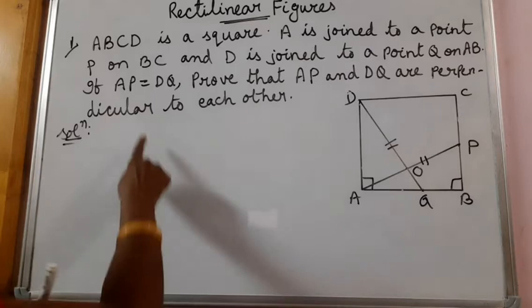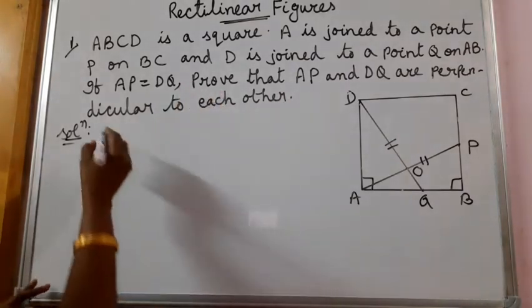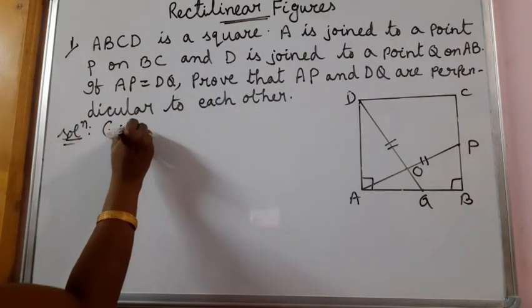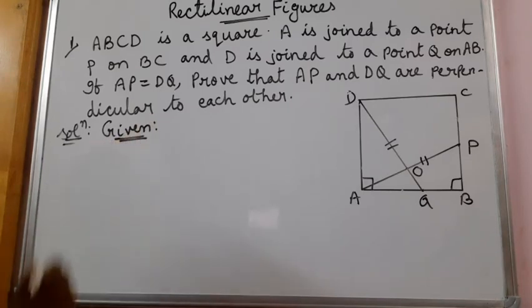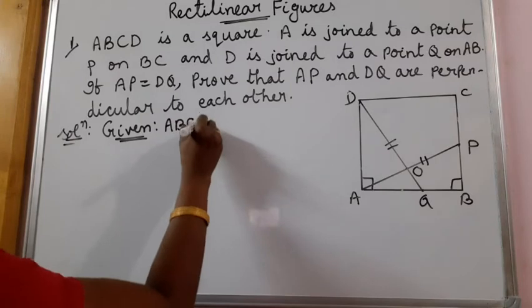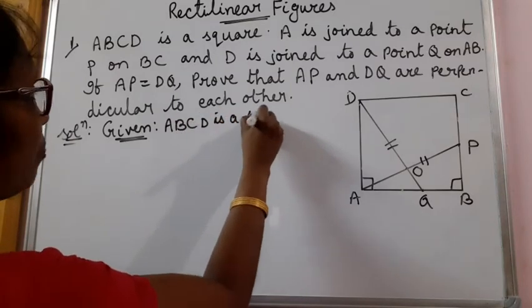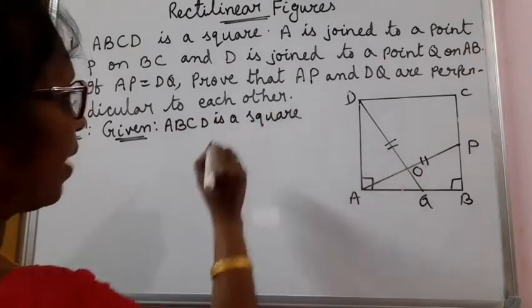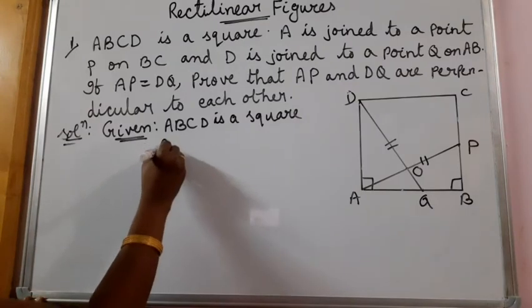So here this question is to prove. In any proof question, what is given and what to prove steps are required. What is given is ABCD is a square, and also it is given that AP is equal to DQ.